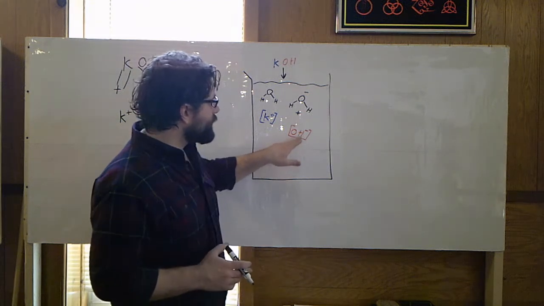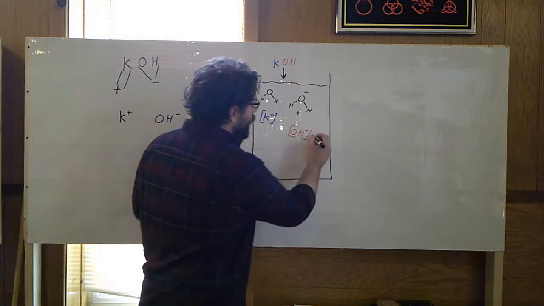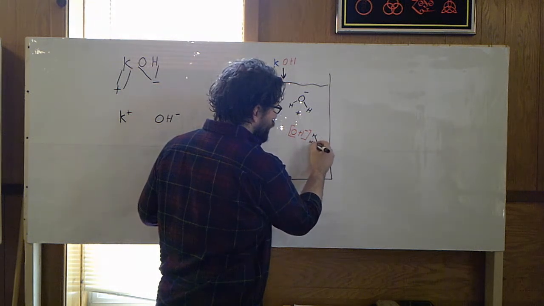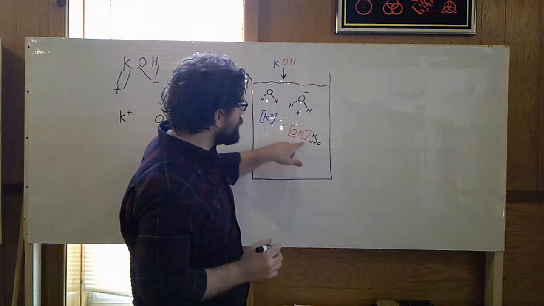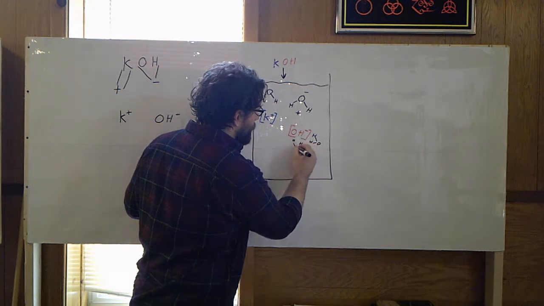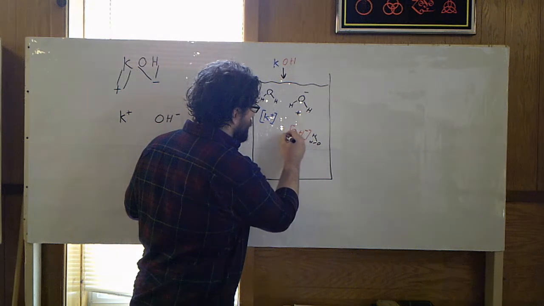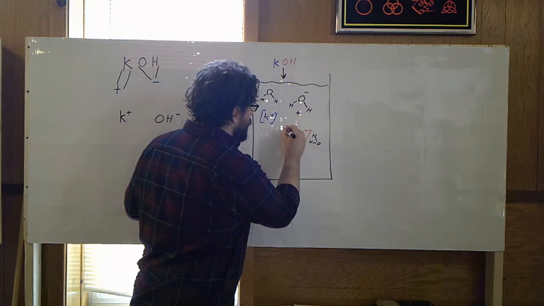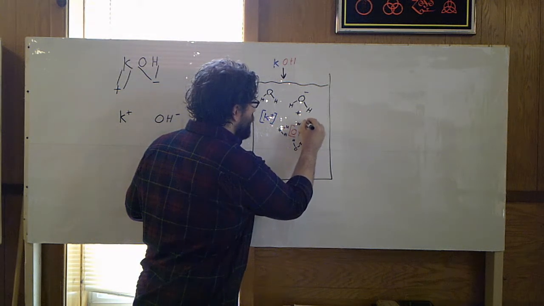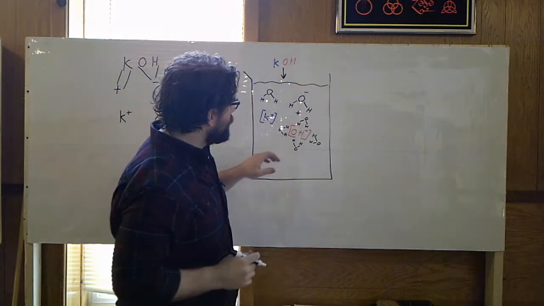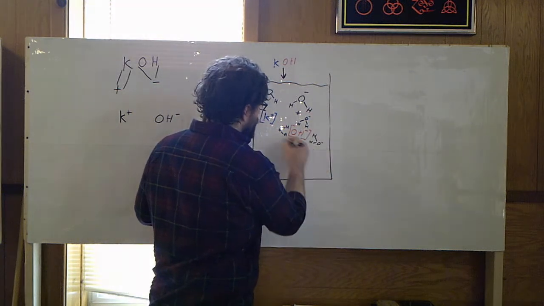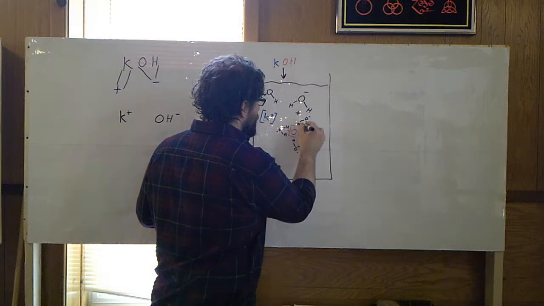Since hydroxide is negative, all of my water molecules that get close to that one will arrange themselves so that the hydrogen is closer to the hydroxide. Just like that. So each of these is a little negative on the outside and a positive on the inside.